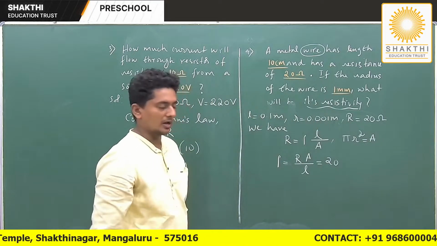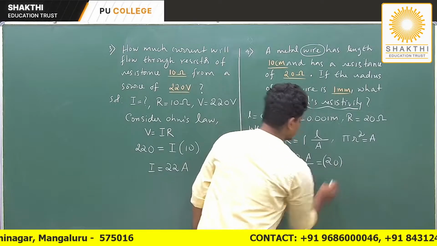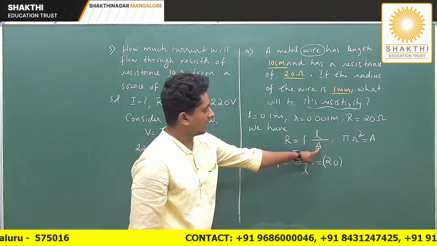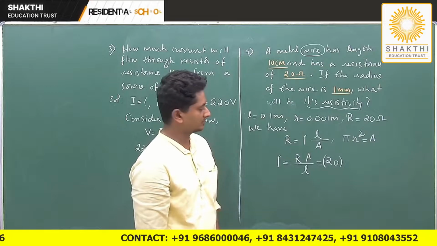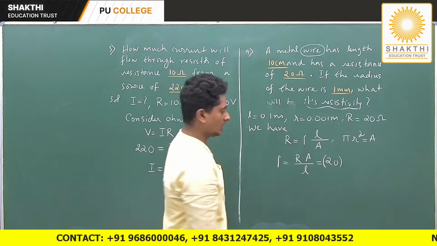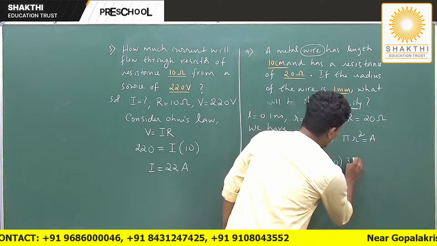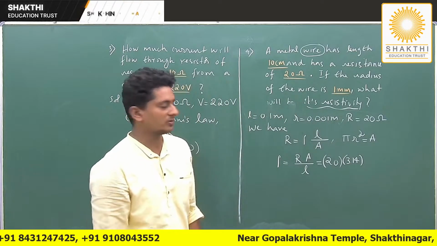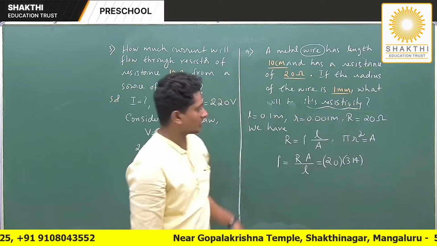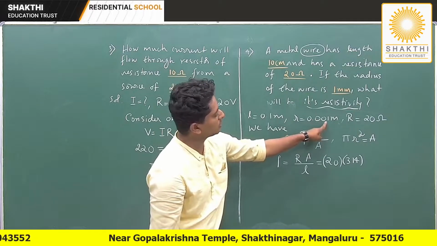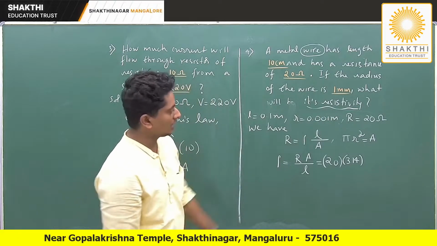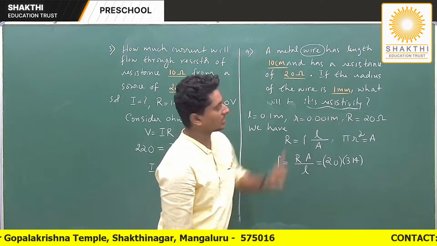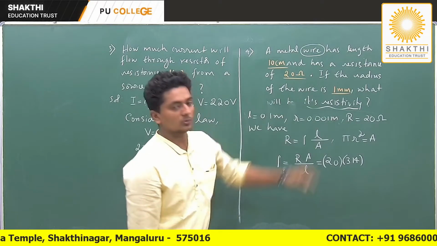My capital R is 20 into, I have A. A is pi r square, I had written. A is pi r square. So it will become 3.14. So pi is 3.14. Remember, pi is 3.14. R square. So R is 0.001 meter. R is 0.001 meter. When you square it, what will happen?